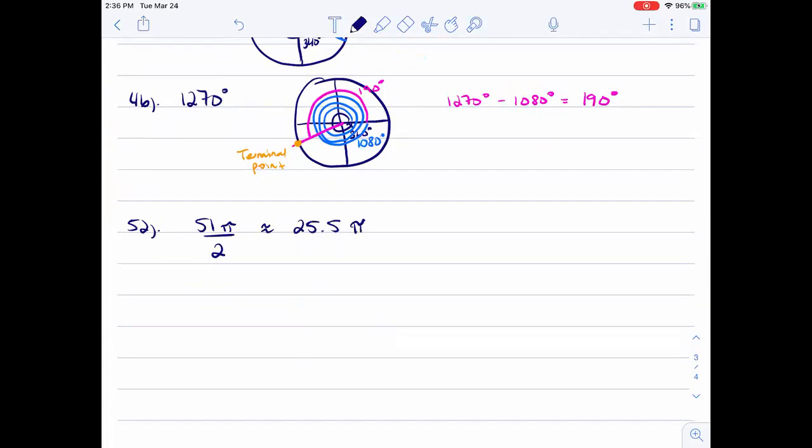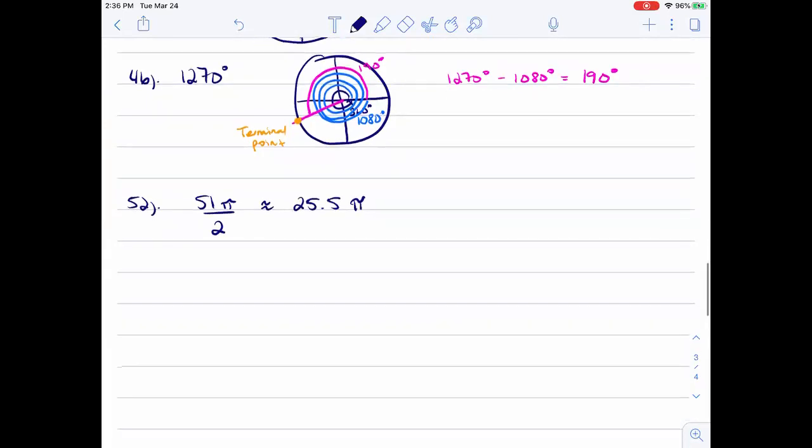This is just to be able to figure out how many times I've gone around the circle, and this is where I flubbed it last time. We need 2 pi to go around the circle once.